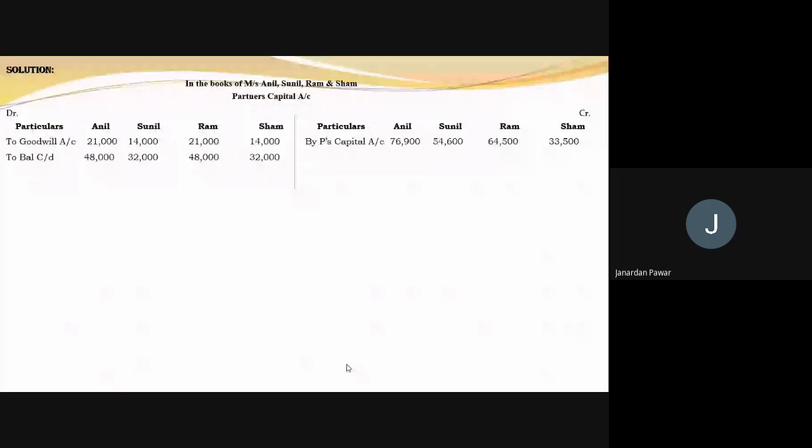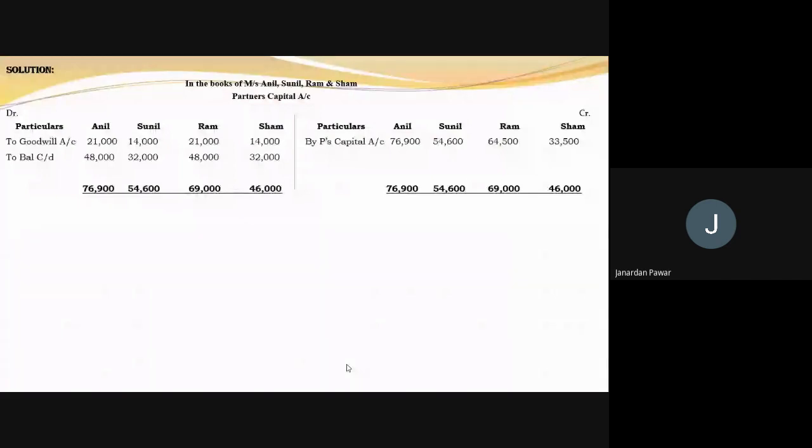Okay. Then you have to calculate for Sunil, Ram and Sham respectively. Okay. Then the next point, you have to take the total at debit and credit and find out whether there is a difference between debit and credit.